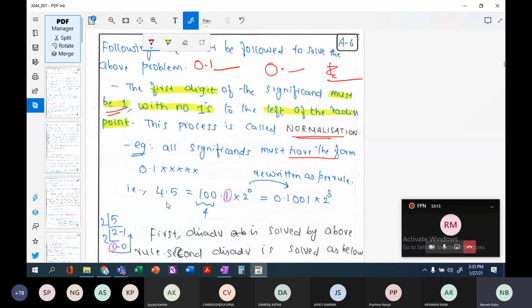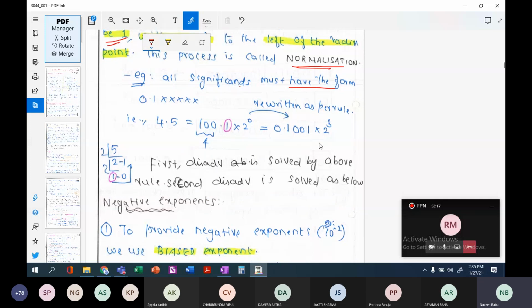Say we want to represent 4.5. How do we represent 4? Normally, 4 is represented as 100. 5 is represented as 101. So the equivalent binary value for 4.5 is 100.1. This is the way of representation.